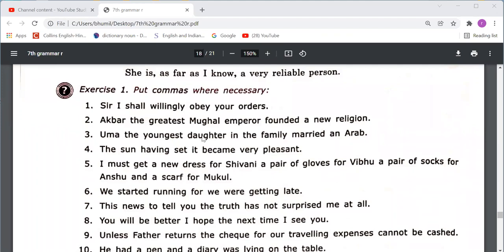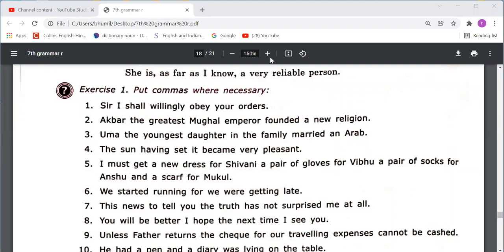Okay, next sentence is Uma, the youngest daughter in the family, married an Arab. So what can we mention here? Comma we have to mention here. So please let me know where we need to use comma here. Who will give me the answer?